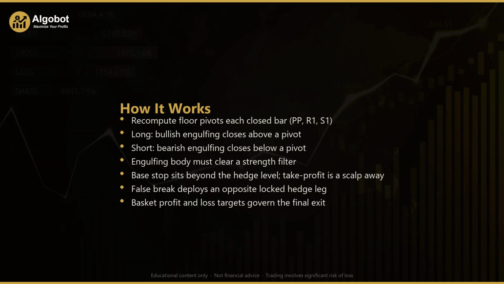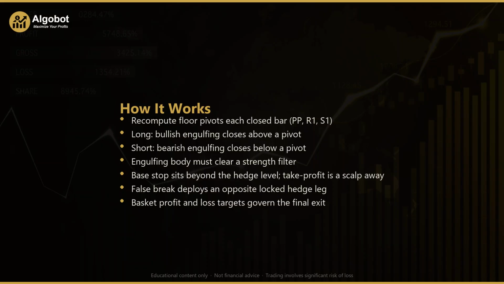On top of that, the previous close had to be sitting at or below one of the pivot levels, while this candle closes clearly above it, beyond a small confirmation buffer. That buffer is a fraction of the pivot range, set by the break parameter. The engulfing body must also be at least 1.1 times the size of the prior body, which filters out weak, indecisive candles. When all of that lines up, the expert advisor opens a buy.